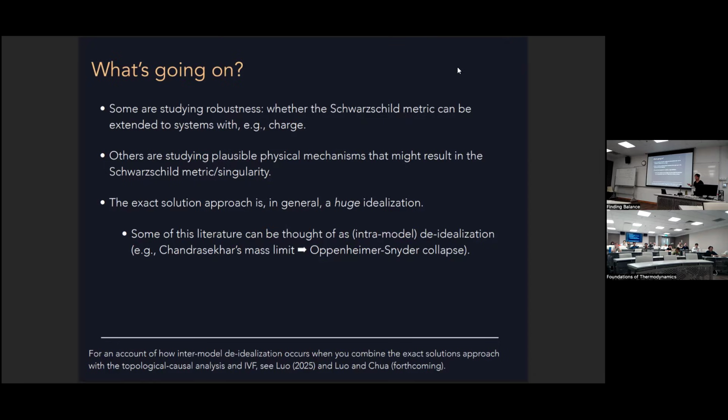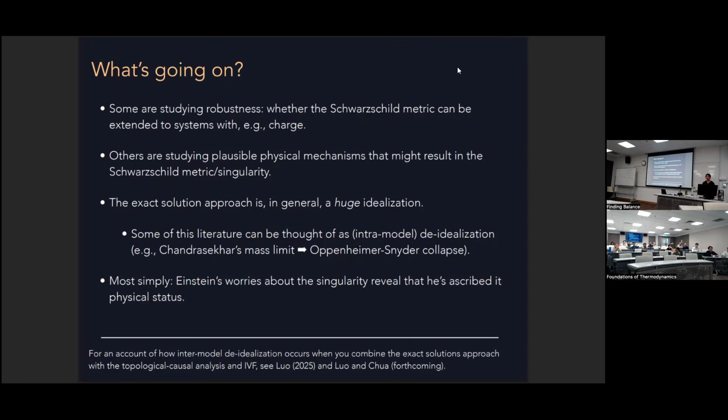So here I'm thinking the Chandrasekhar mass limit to the Oppenheimer-Snyder collapse is a kind of intramodel de-idealization. Here I'm using Eugene's discussion of de-idealizing idealizations. But also we can think about Einstein's worries about the singularity as revealing that he's ascribed it a kind of physical status.